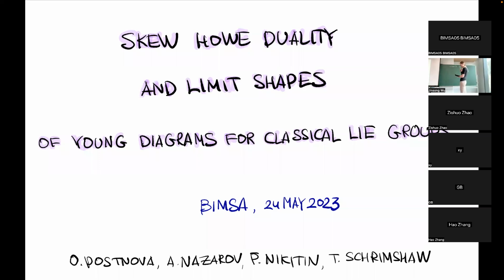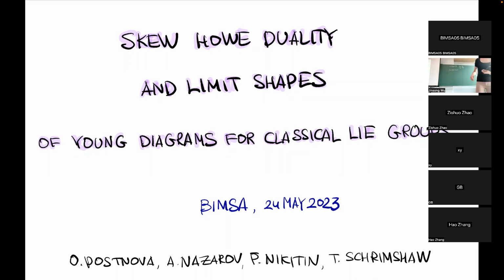Also the problem of limit shapes and the idea of the tensor product decomposition was later studied by different authors. One of them was Kirov and Young.